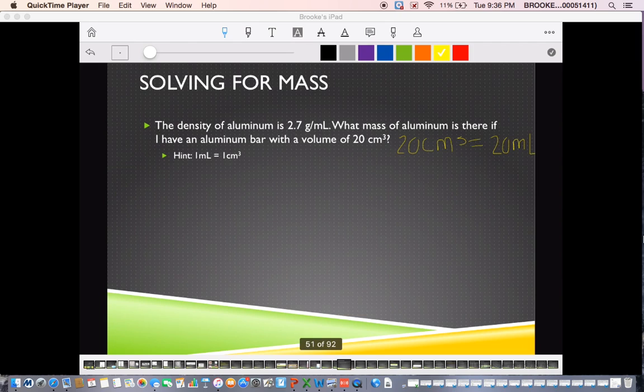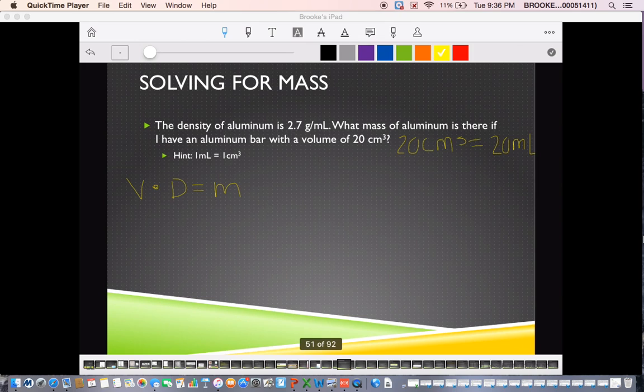And earlier, we found out that volume times density is equal to mass. And you should still have everything copied down, so I hope this doesn't confuse you too much. So all we have to do now is just plug in the right numbers.